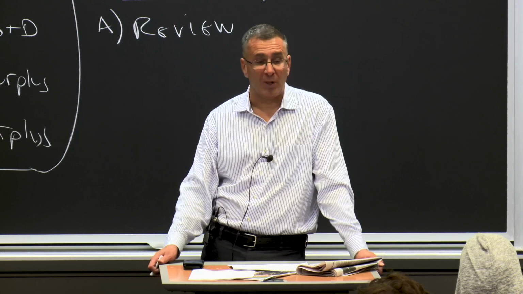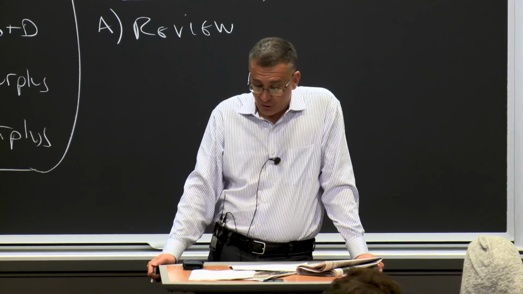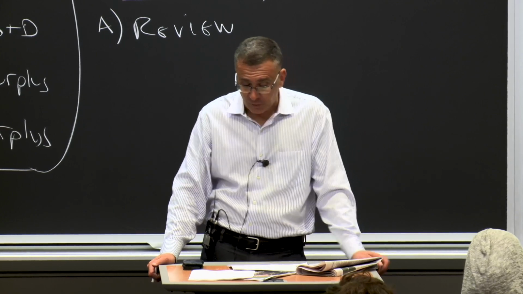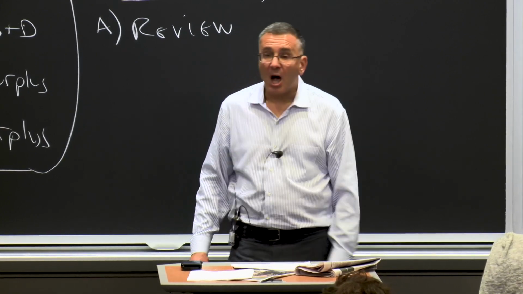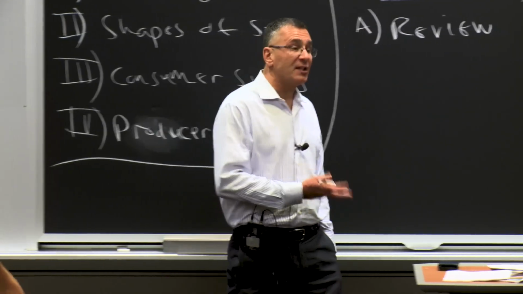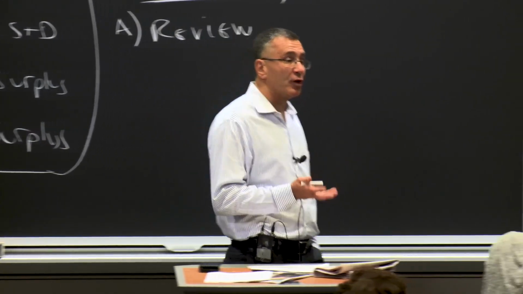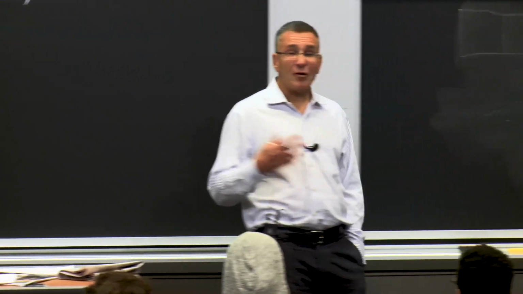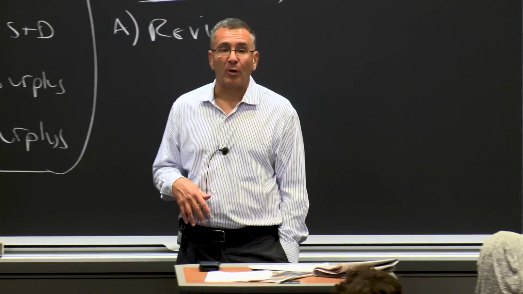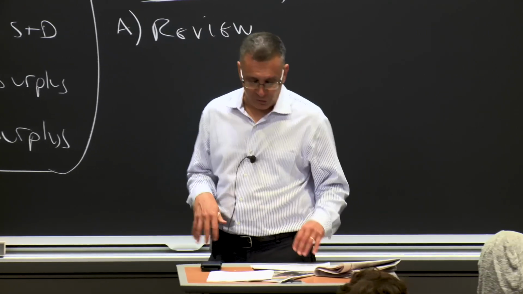Or how much is the market willing to pay to get the next unit of the good? And the supply curve is willingness to supply. Equilibrium is the point where consumers' willingness to pay for the next unit of the good meets the supplier's willingness to supply the next unit of the good. When those are equal, we're in equilibrium. So that's where we start.